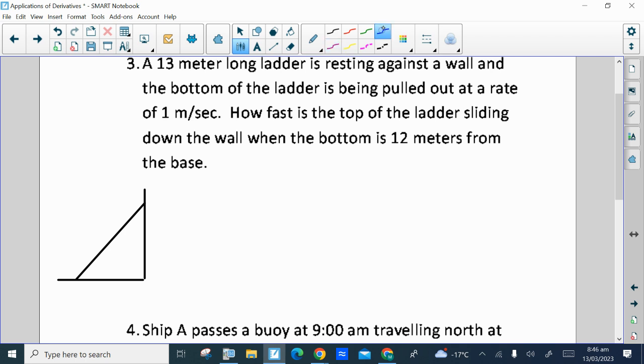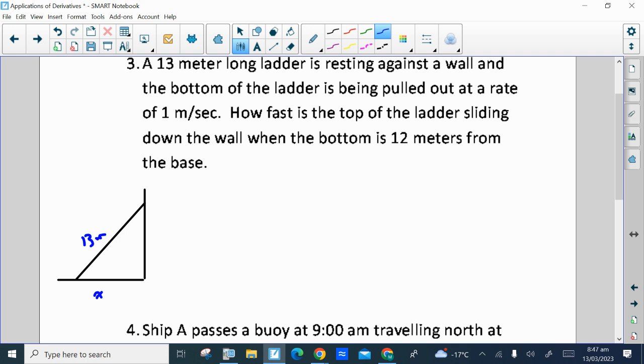And the one thing that is constant here is the length of the ladder. That's going to be 13 meters. That will never change. But what is changing is the base of this triangle, because the bottom of the ladder is being pulled away from the wall. So if we label this x, that's changing. It's getting larger.